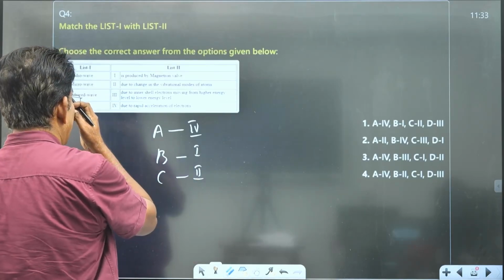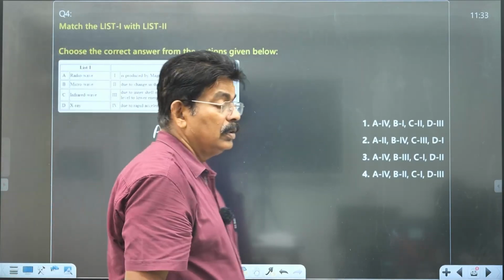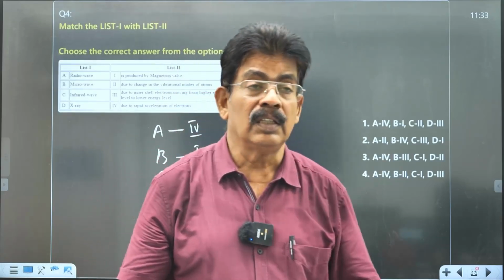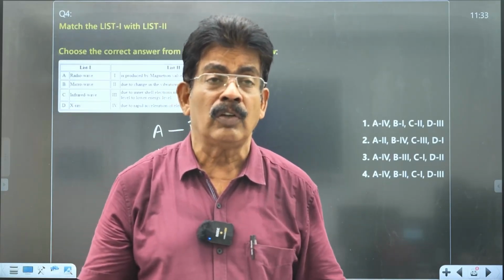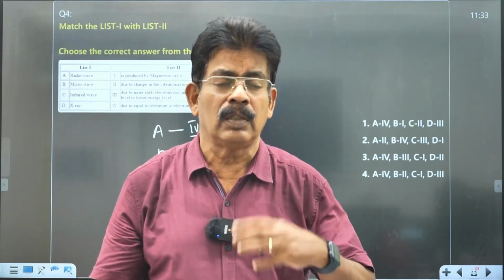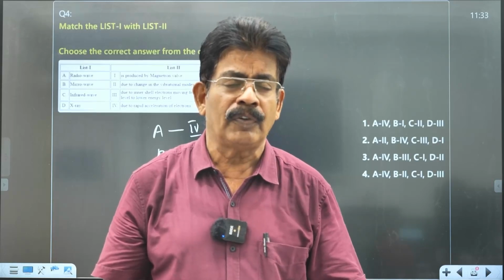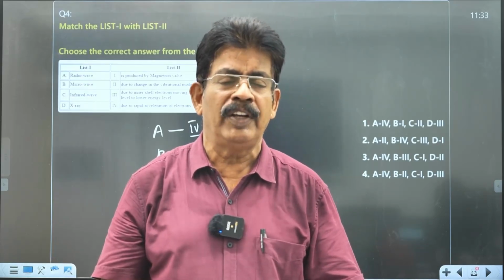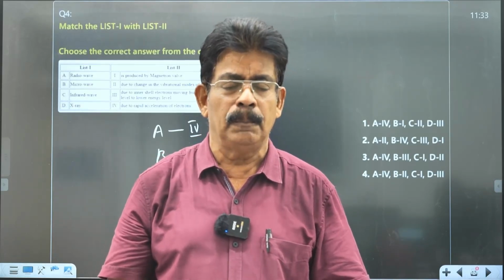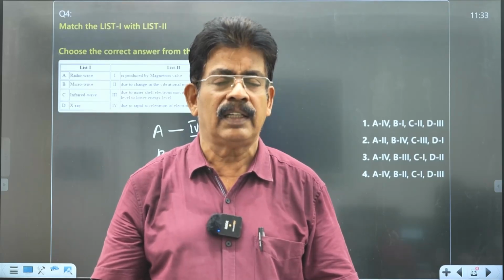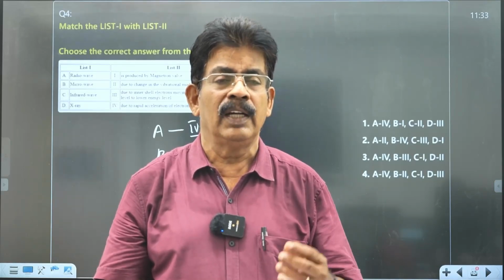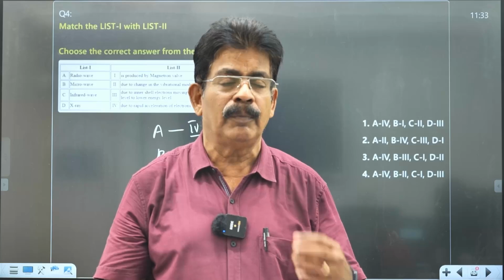And X-ray, that is, X-rays are produced when electrons are knocked out in the atomic configuration of a heavy target, and that vacancy created is occupied by electrons jumping from higher levels.